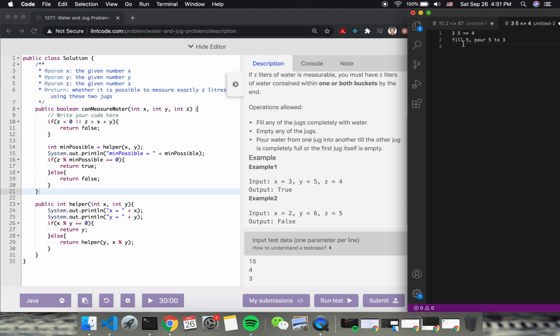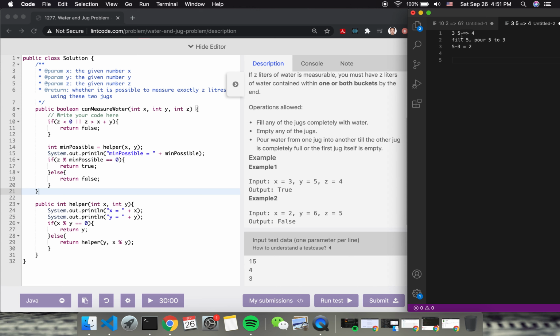We have 5 minus 3 equals 2. So in the 5 liter bottle we have a volume of 2, and we can definitely multiply it.